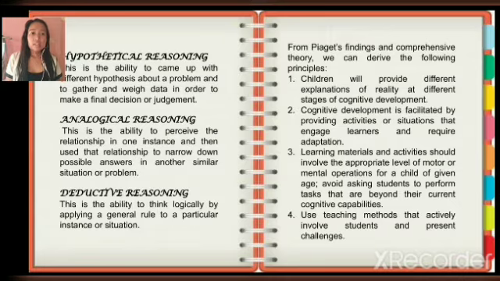And third, learning materials and activities should involve the appropriate level of motor or mental operations for a child of a given age. Avoid asking students to perform tasks that are beyond their current cognitive capabilities. And lastly, use teaching methods that actively involve students and present challenges.